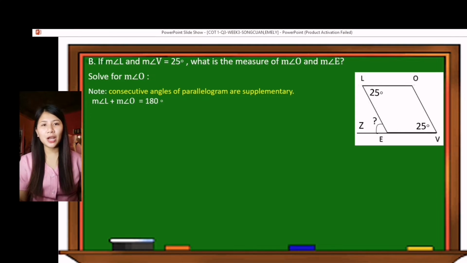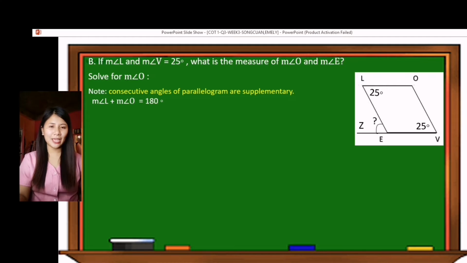So the measure of angle L and angle O is equal to 180 degrees, or what we call supplementary angles. So meaning to say that the measure of angle O and angle E is also the same.